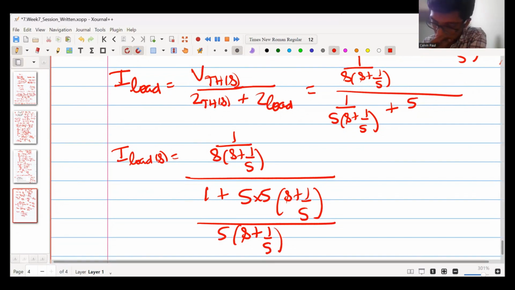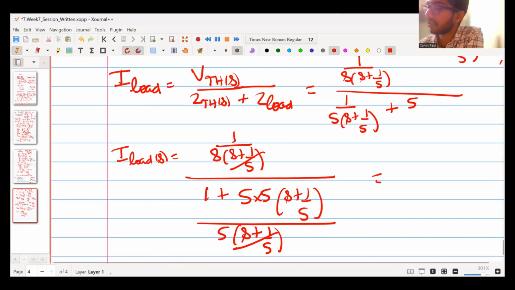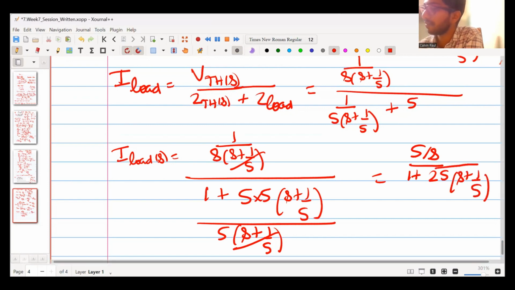Yes, sir. So this S plus 1 by 5 and S plus 1 by 5 get cancelled, and this 5 goes to the numerator. It becomes 5 by S divided by 1 plus 25 into S plus 1 upon 5.